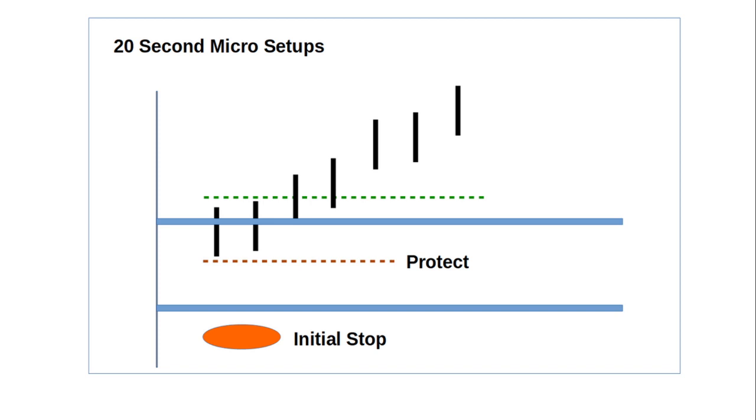Our ideal goal when we get into a trade is that the trade moves as quickly as possible in our favor and as quickly as possible away from our stop. That's what we're attempting to achieve with all these new refinements to the micro trader, getting down to these levels so that we can get trades to move in our favor much more quickly.